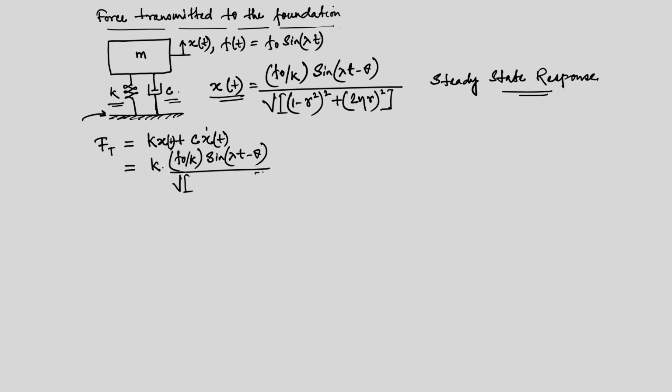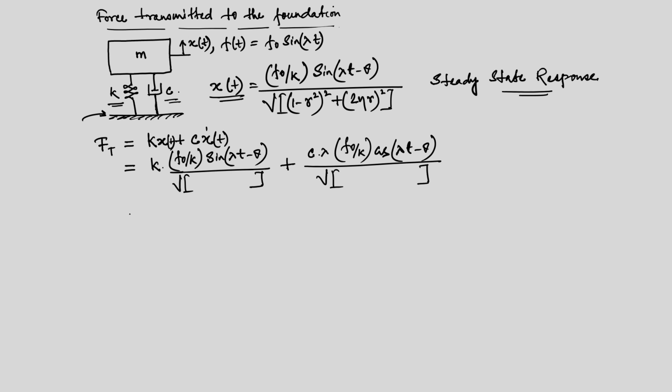I am just not writing it, and then plus c times your lambda, then f naught by k, then cos lambda t minus theta divided by the term in the denominator.